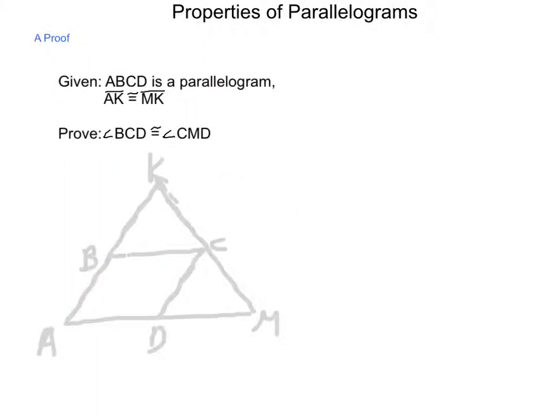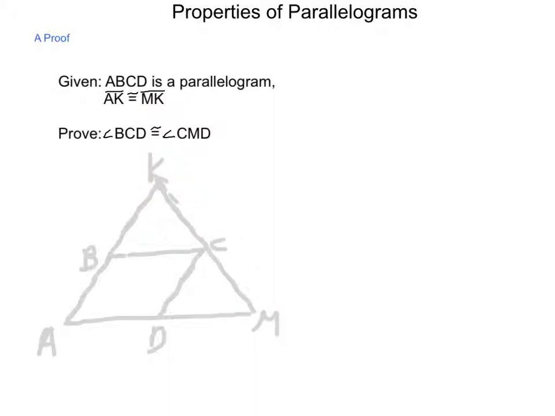In this figure, we have a triangle with a shape built in, and our given information is that ABCD is a parallelogram. So this figure embedded here is a parallelogram, and that side AK is congruent to side MK.